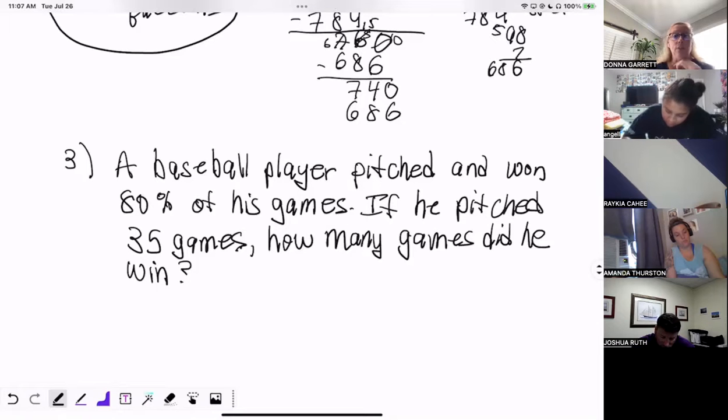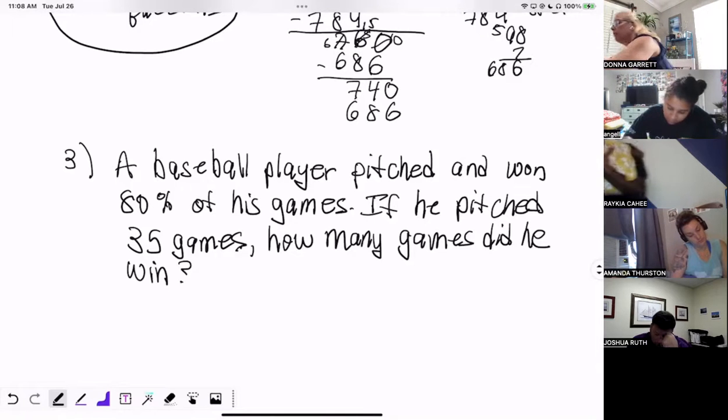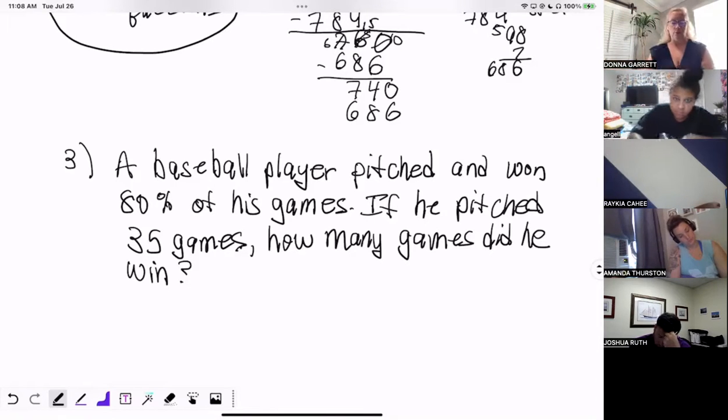Hey, while you're doing that, I need to look something up. So I'm going to leave that there. You guys work. I'll come back to you in a minute. I gotta look something up. I'm not quite sure how to look it up without doing it. I'm going to need my phone. I don't want to move this on the screen. I can definitely look it up from my phone.